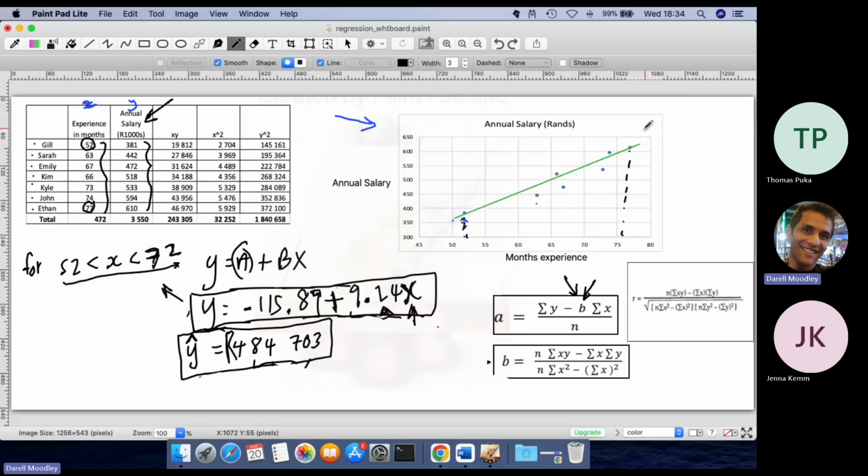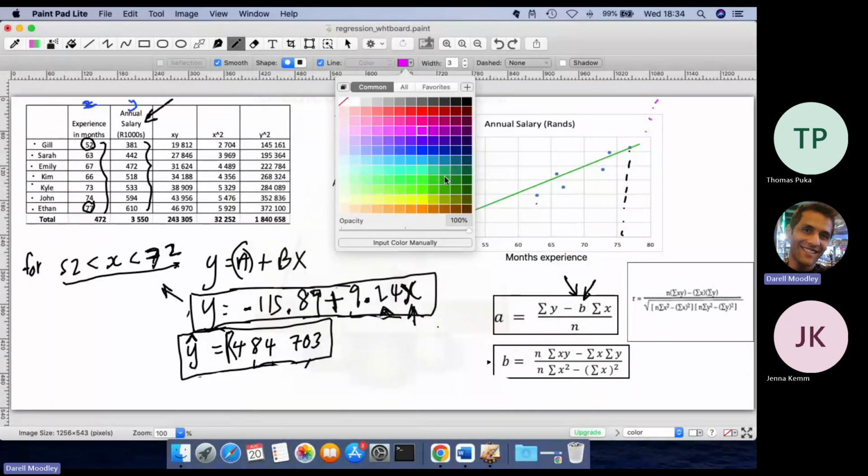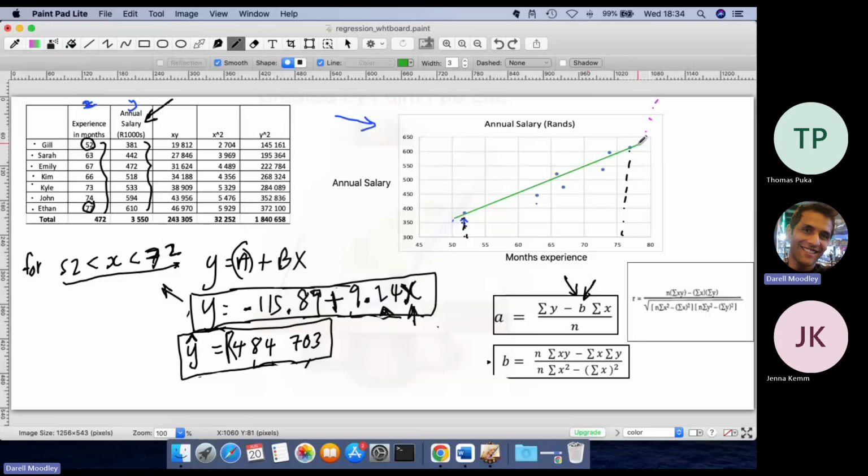For all we know, the data could be like this, and I'll use a different color here, let's say pink. The data could be going upwards like this. And so if we put a straight line, if you look at this green line, it wouldn't capture the behavior after that. It would be very far off.